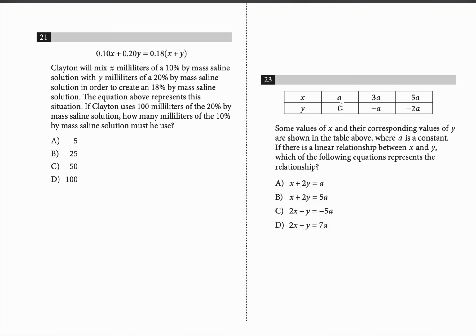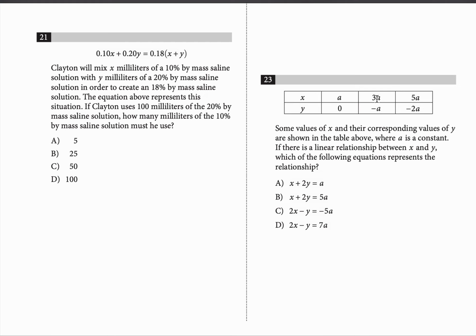Actually, here we know that when y is 0, x is supposed to be a. So it works for a, right? Because if y is 0, then x equals a. But here it doesn't work. Here it doesn't work. And here it doesn't work. So actually we can just say it's a.